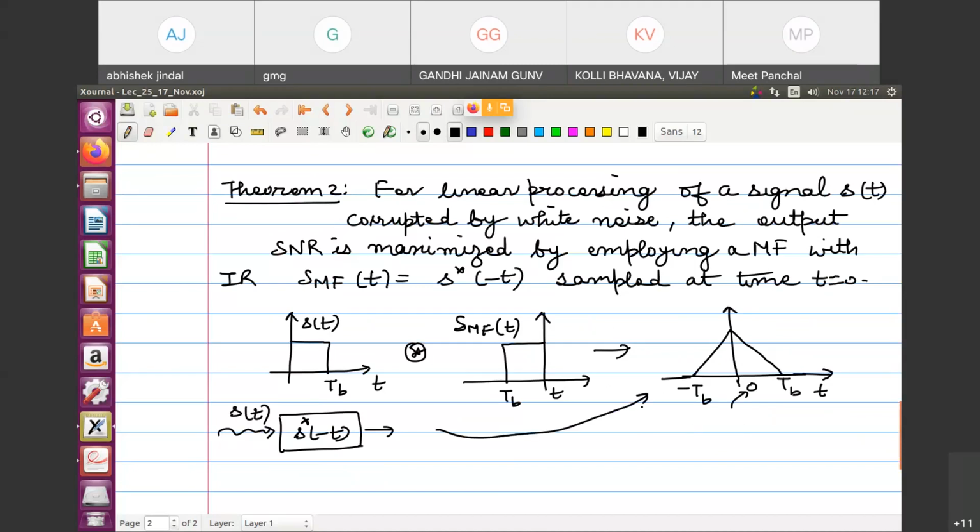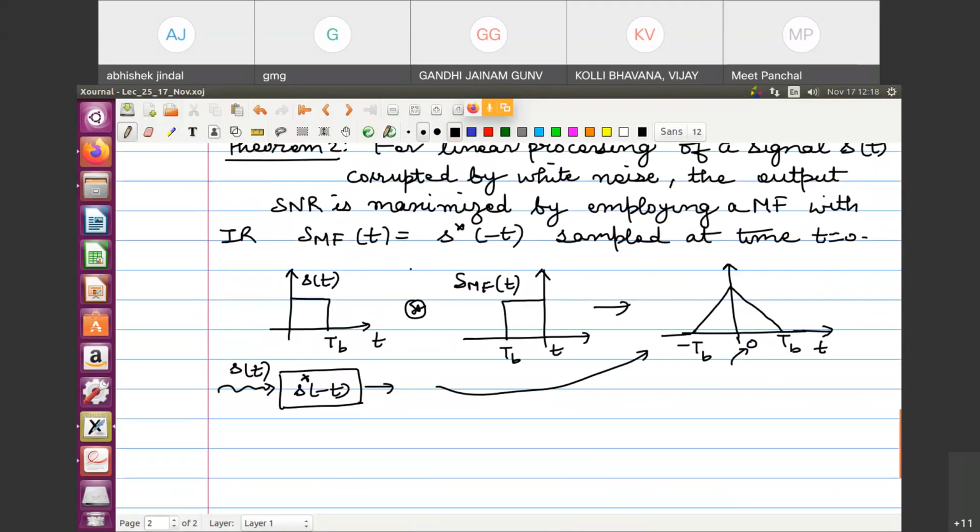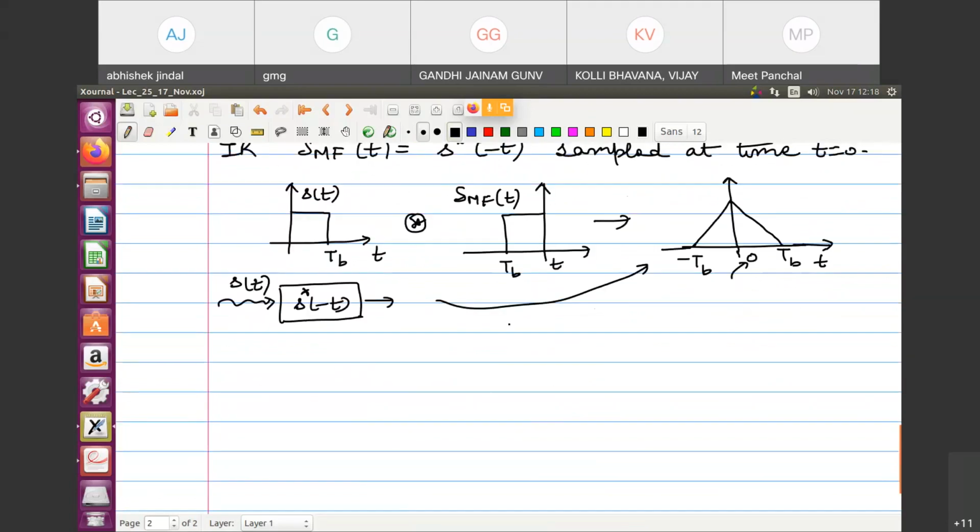Now there is one important thing. You will say that this impulse response s_MF(t) is non-causal, and hence non-realizable. So in most of the textbooks you will find that there is a time delay in s_MF such that it becomes realizable. So let me write a very important observation, or design aspect.